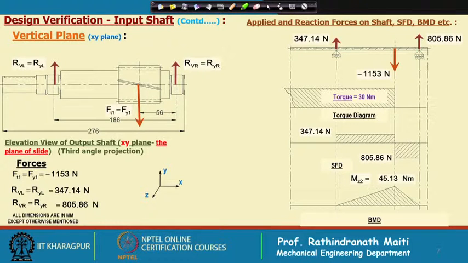Okay. So, you will find mostly the loads are acting in the same directions, and there will not be much difference in the technique of calculating the load, bending moment, etc.